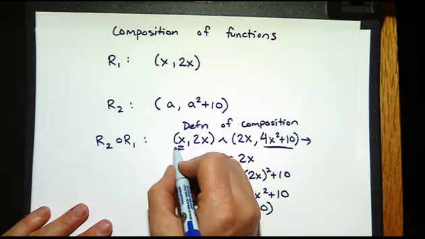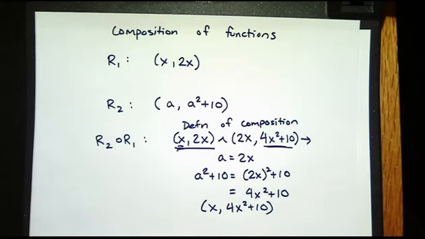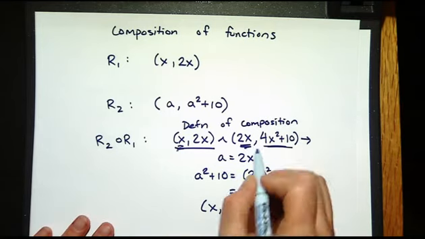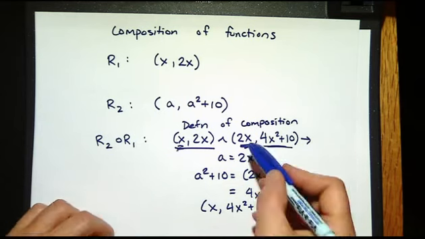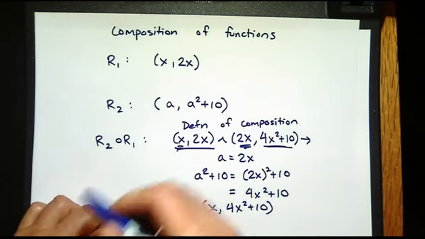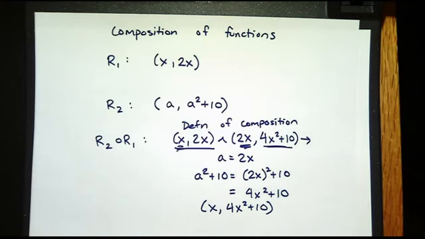And then I plugged in a point that would actually be from R1. And then I started with the first component of something in R2 has to match with the second component of the one from R1, because otherwise composing doesn't do anything. All right, so that has to match. And then once I have that, I can figure that out easily by just using the function that was R2.